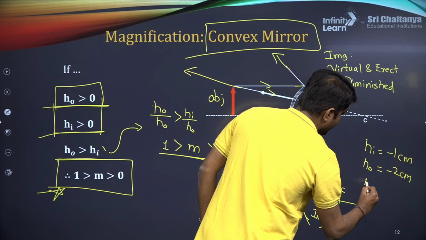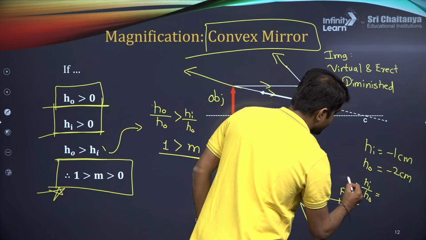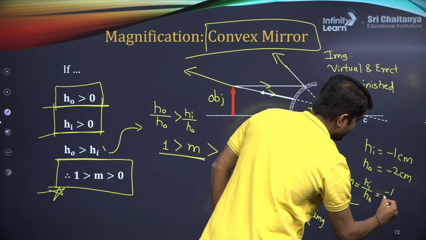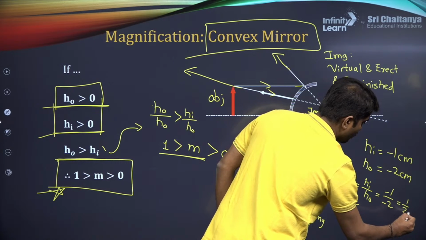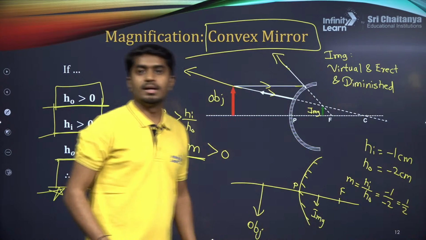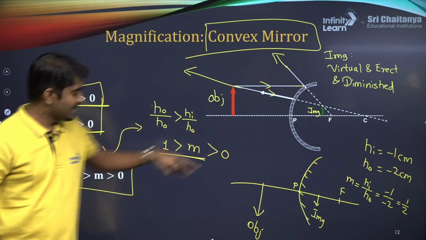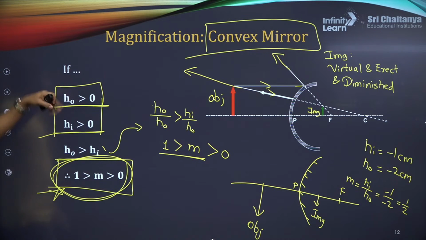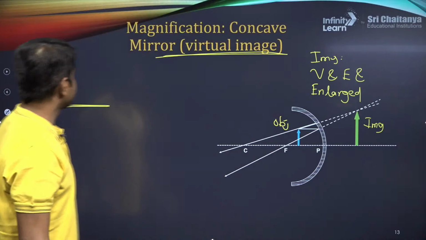So the height of the image divided by the height of the object, which is our magnification, will be -1 divided by -2, which is 1/2, again a positive number. So even if you place the object below the principal axis, you will still get the same equation. I have taken this just to simplify your understanding.